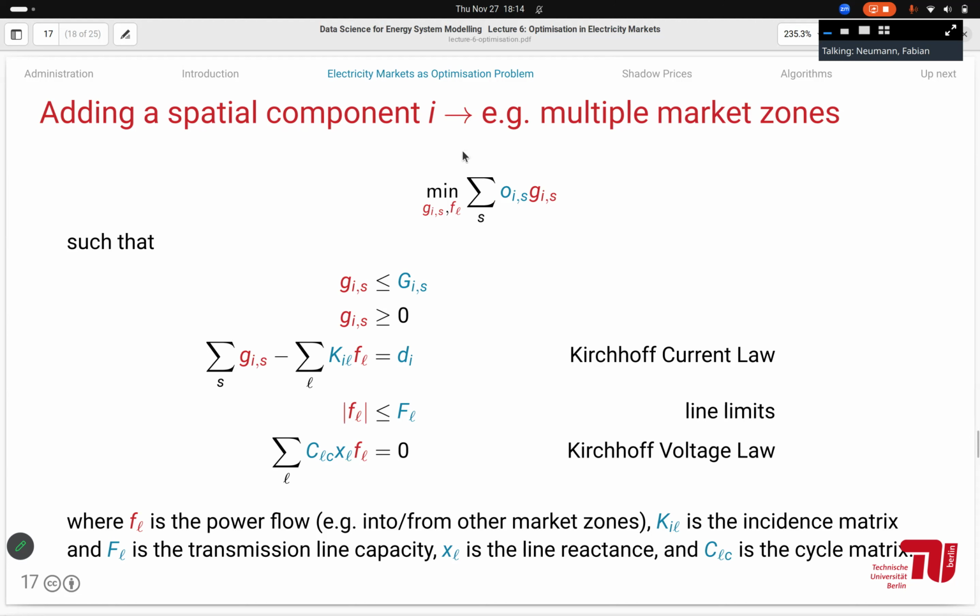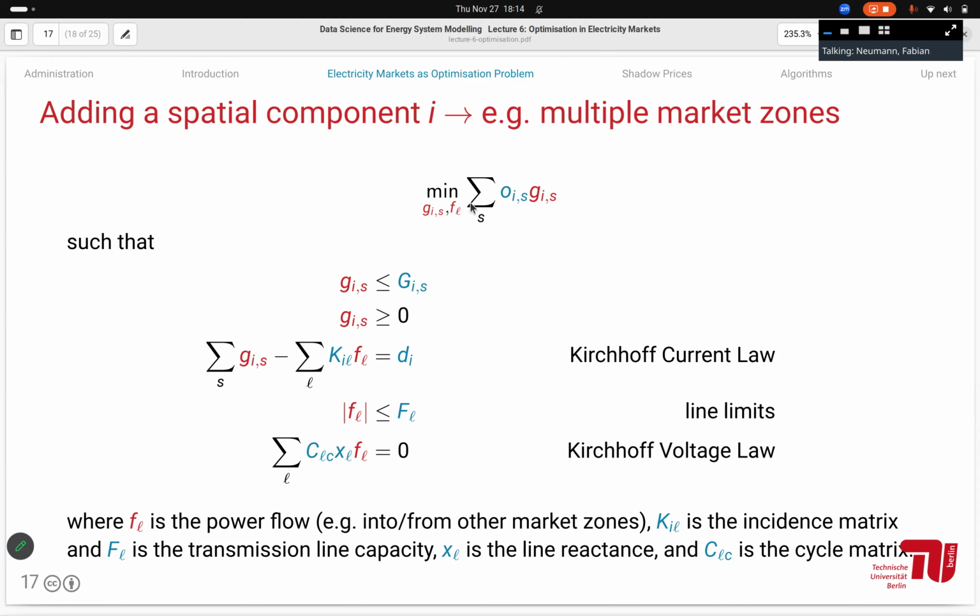And now we get one new decision variable for each transmission line or interconnector between the market zones, which leaves the model the decision to decide how much flow you have from one region to the other. Within technical boundaries, we have new constraints, the Kirchhoff voltage law and the Kirchhoff current law.